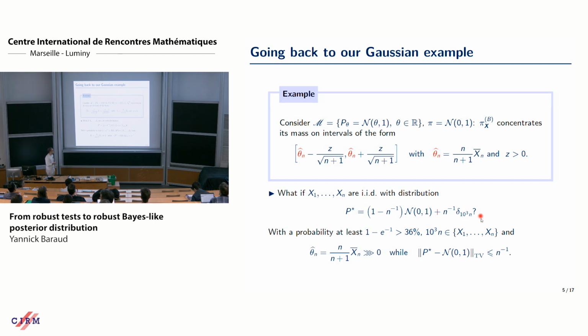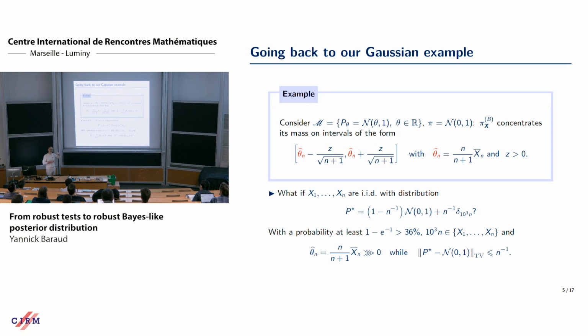And because this point is very far away from 0, if you calculate this estimator, it will also be very far away from 0. It means that the posterior distribution will concentrate most of its mass on a very small interval, which is very far away from 0.